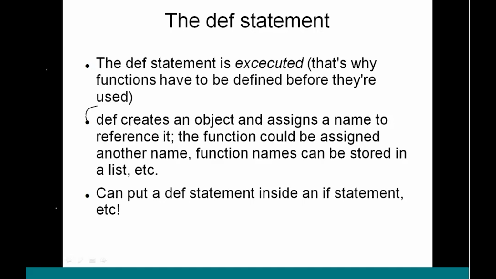When the def gets executed, it creates an object and assigns a name to reference it. The function could be assigned to another name, and function names can be stored in a list, etc. We can also put a def statement inside an if statement, and it can be nested, and that's all okay.